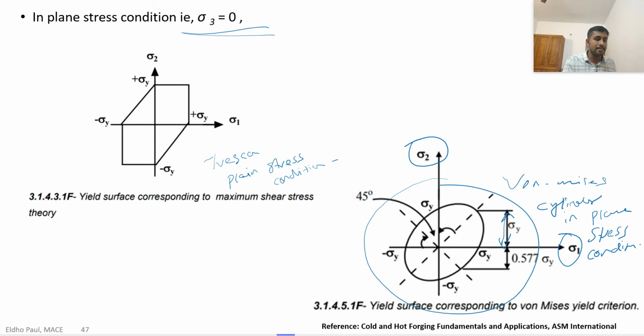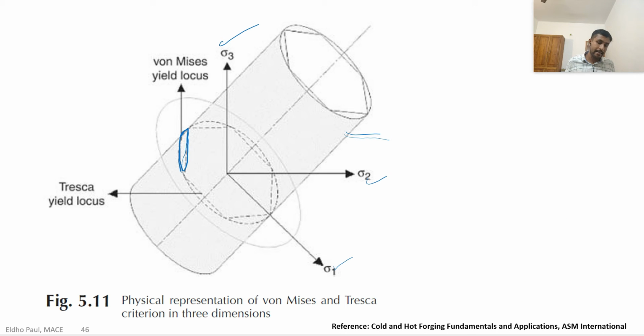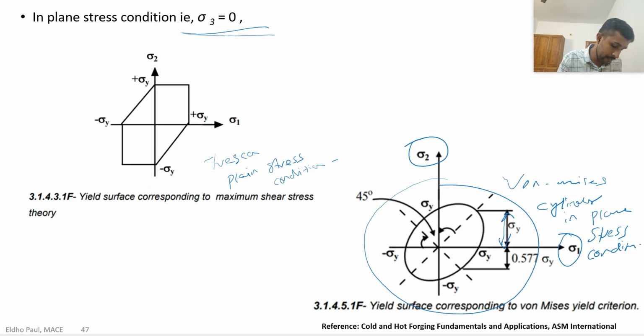The hexagonal prism in Tresca criteria is converted to a hexagonal shape. So this is a hexagonal shape object.